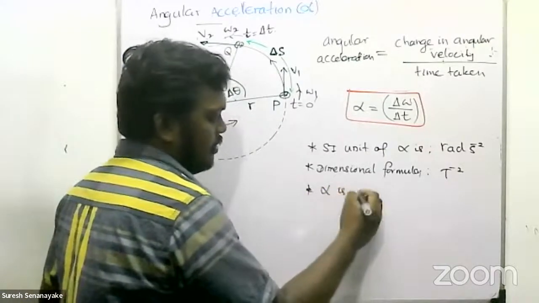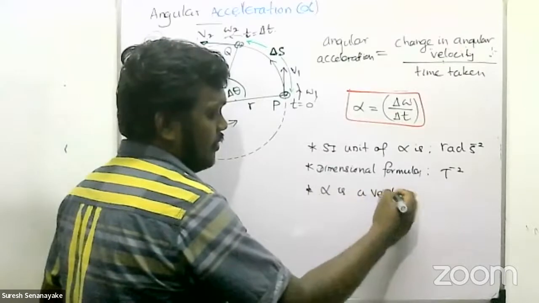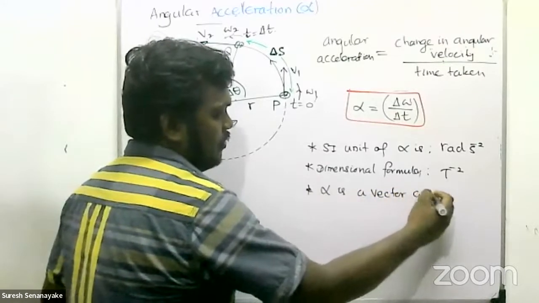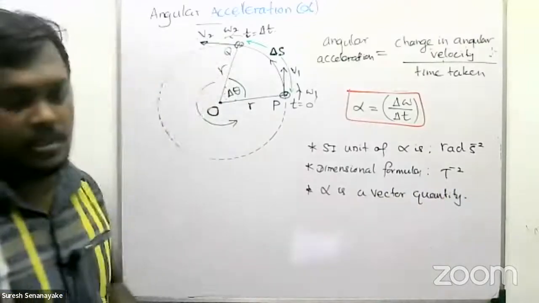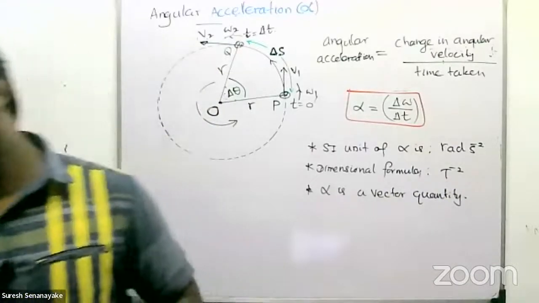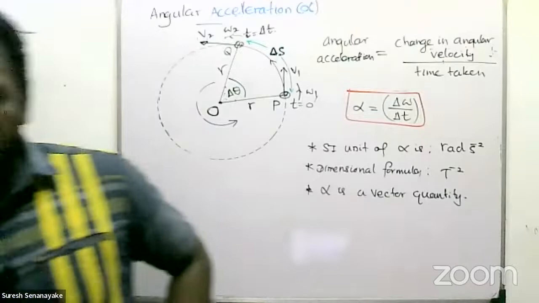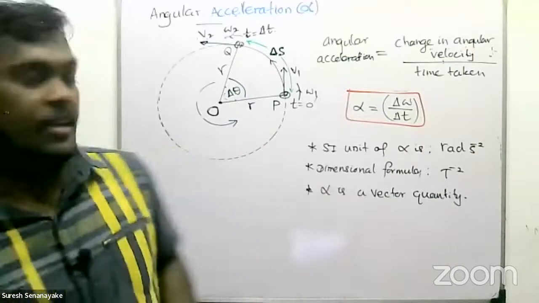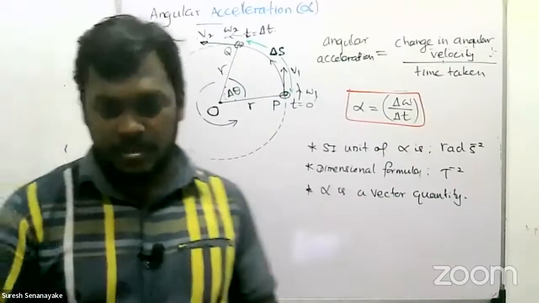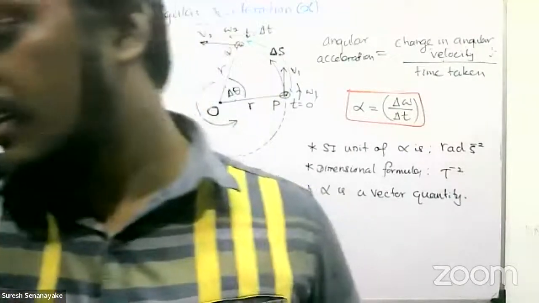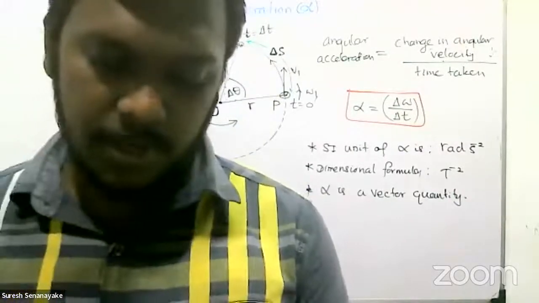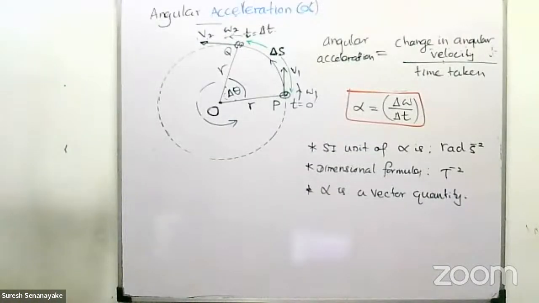Alpha is a vector. Its direction is also taken according to the right hand rule. When the angular velocity increases, the direction of alpha is the same as the direction of omega. But when the angular velocity decreases, the direction of alpha is opposite to the direction of omega.